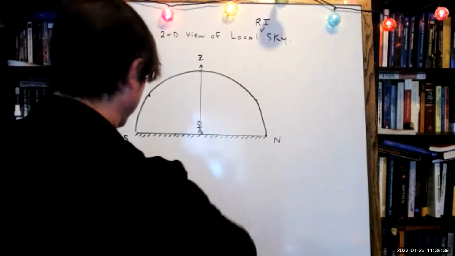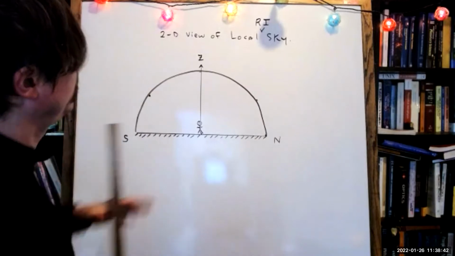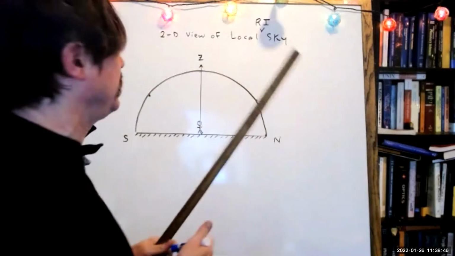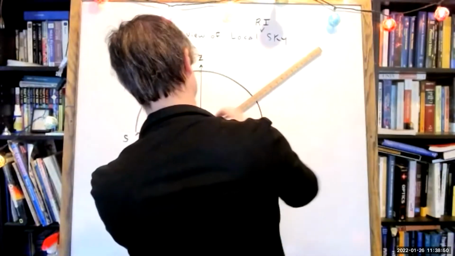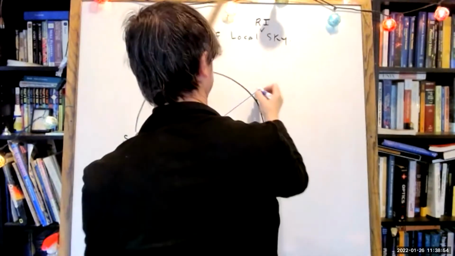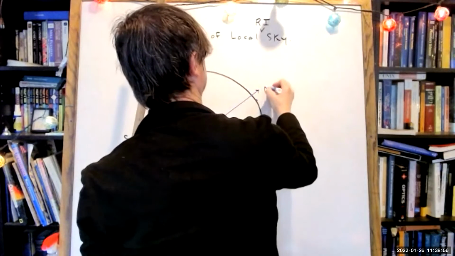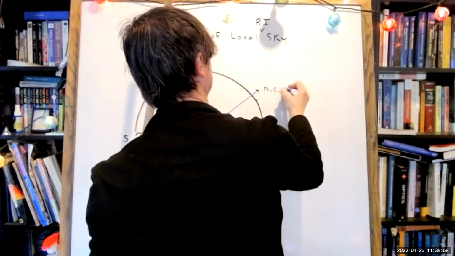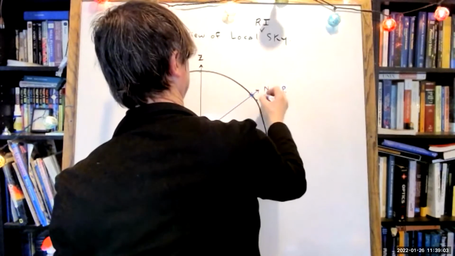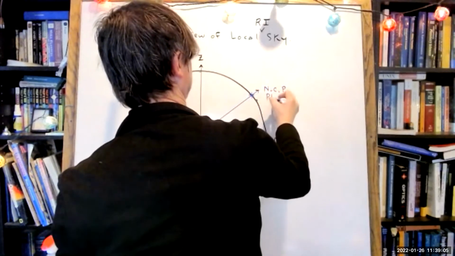And I will draw in a north celestial pole somewhere on the northern sky. Don't forget that the dome is your sky here. We're piercing the sky, so I can label north celestial pole. That's, of course, where Polaris is.